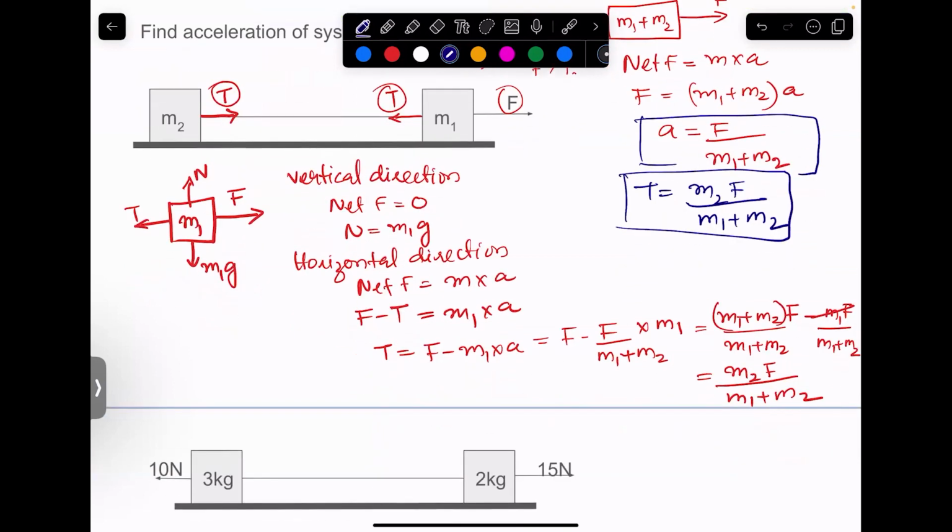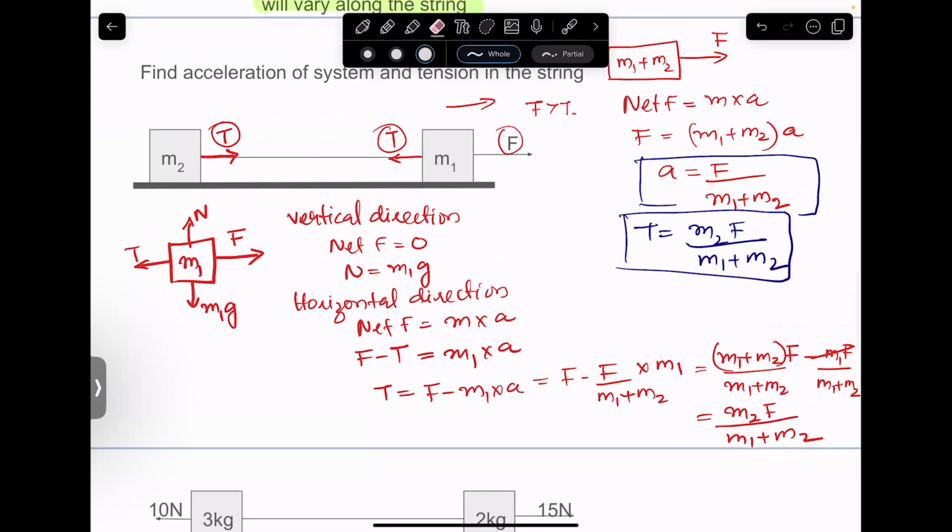Now similarly, if you want to find the tension force using M2, you can draw the free body diagram like this. So what will be the free body diagram of M2? That will be M2 here, and a T force is acting.